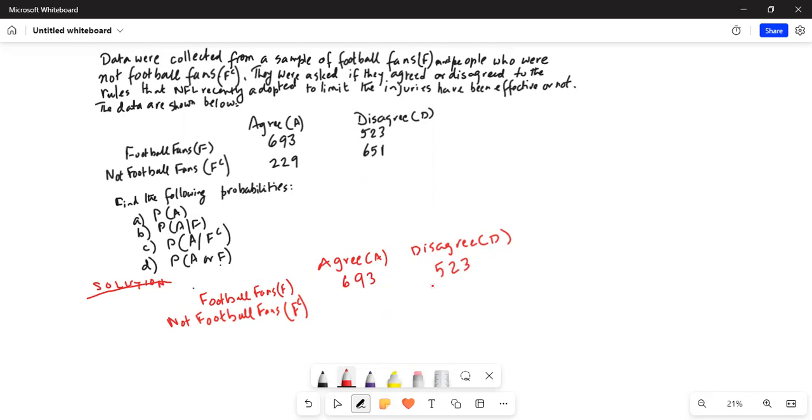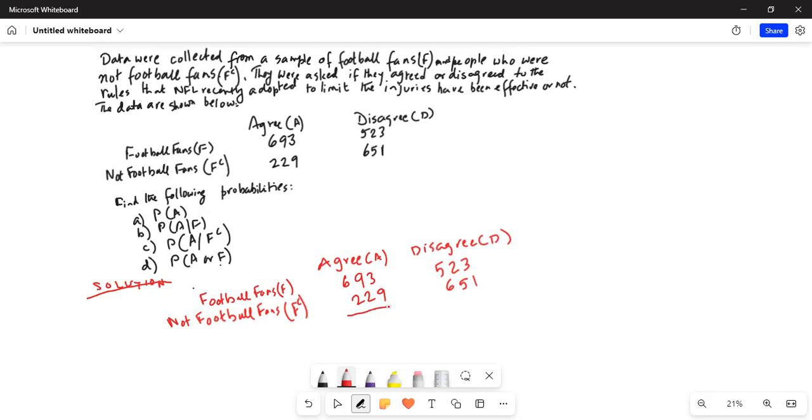These are the fans, some of whom agree and some of whom disagree. And then the second row, which are not football fans, some agree, some disagree: 229 and 651.